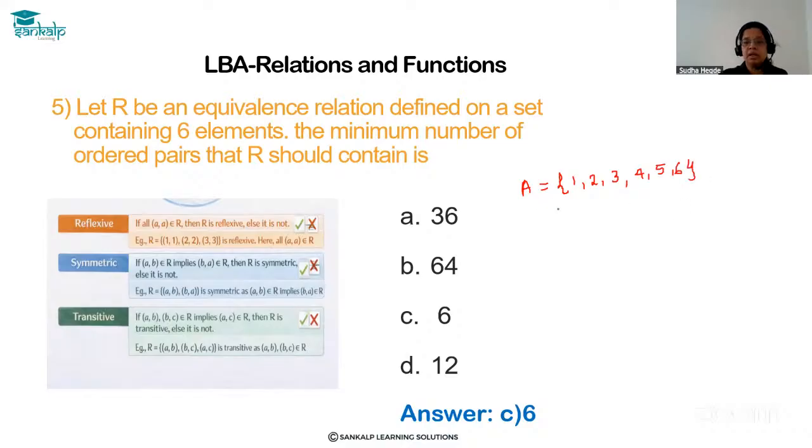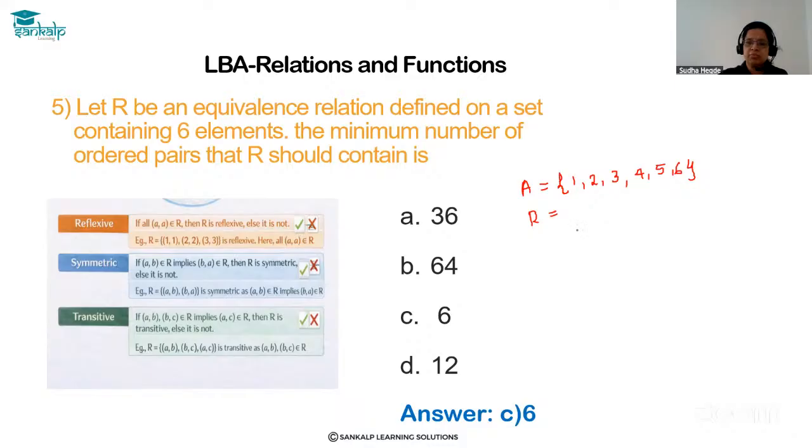Okay. In A, there are 6 elements and you need to check R such that R should be an equivalence relation. You have to set R like that. But you have to take the minimum number of elements. So first R should be reflexive.